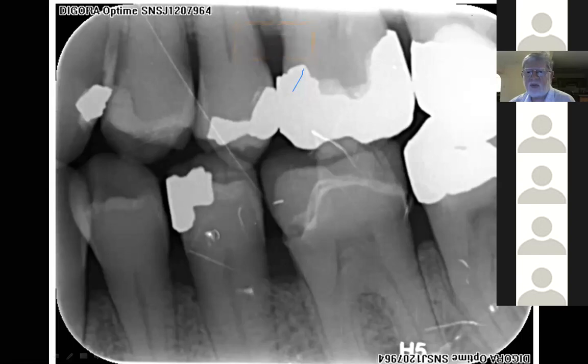Okay, so we've got open contact 3-5 mesial. Bone loss. Overhang on 2-6 mesial and distal, okay, fine.